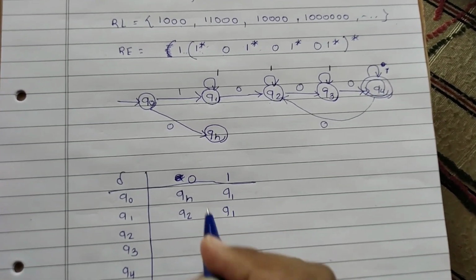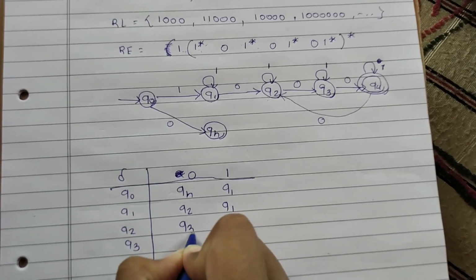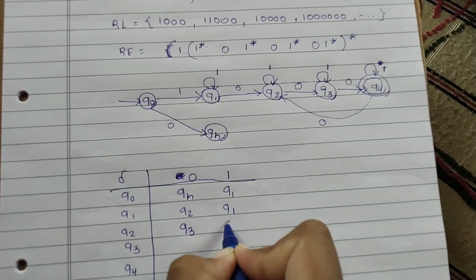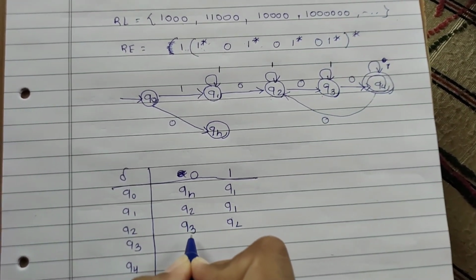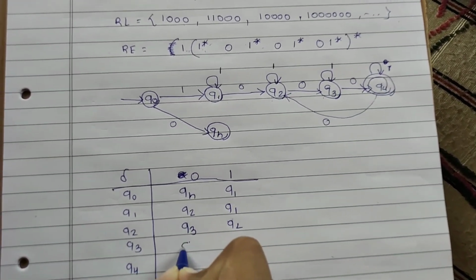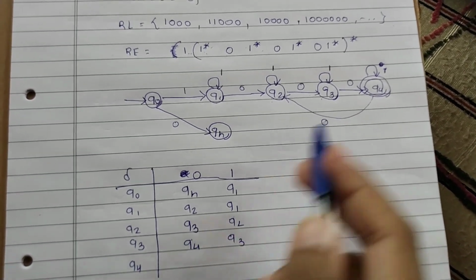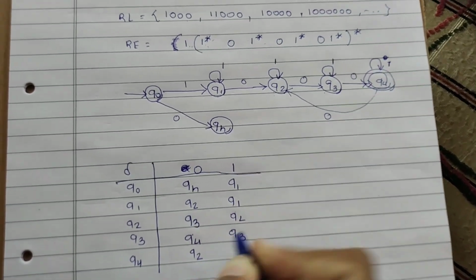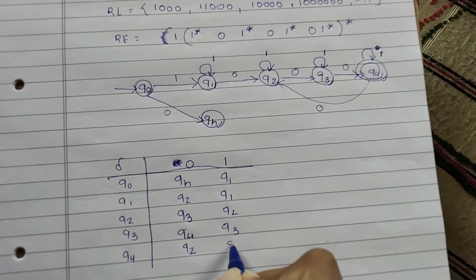Now Q2, 0 is transferred to the Q3, and 1 is transferred to the Q2. For the Q3, 0 is transferred to the Q4, and 1 to Q3 itself. Q4, 0 is transferred to the Q2, and 1 is transferred to the Q4 itself.